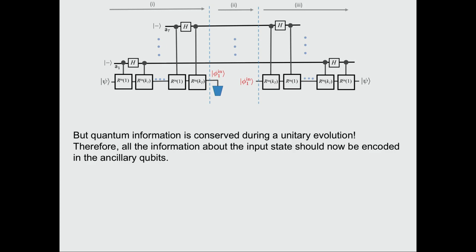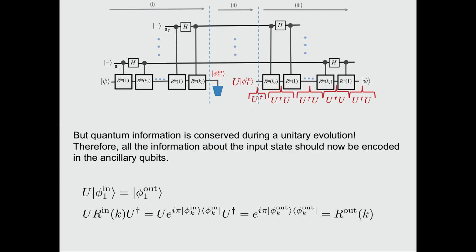Now, suppose instead of doing this trivial task, doing the identity, I do a rotated version of this. So basically, I rotate state phi 1 in by u, and conjugate all of these reflections by u. So if you rotate phi 1 in by u, you get phi 1 out. And if you conjugate the reflection about the input state with u, you get the reflection with respect to the output state.